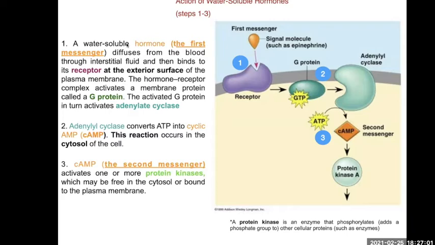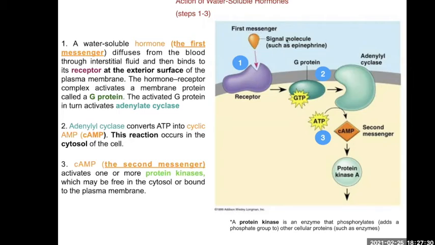And once they get to the cell, they have a little bit of a different pathway, which we'll talk about here. So like the lipid one, it's traveling through the blood, except it's water soluble, leaves the capillaries, goes through the interstitial fluid, finds its cell, and binds to a very particular receptor. So here's a receptor that only binds epinephrine.